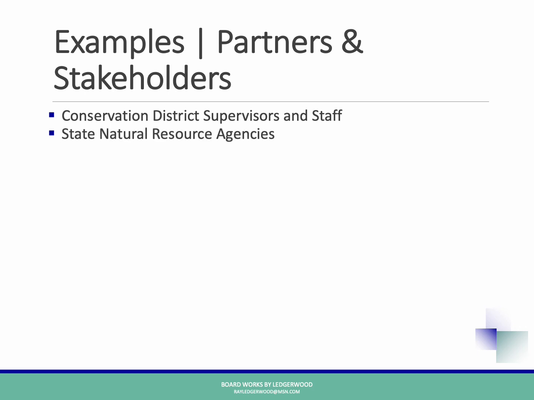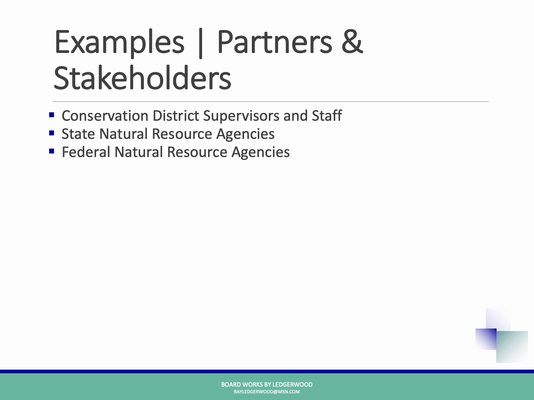These are state natural resource agencies, and they're different from state to state for water and for soil, for conservation, for land use, but do an analysis of your state natural resource agencies and make sure that people are invited from those natural resource agencies to participate in the local work group.